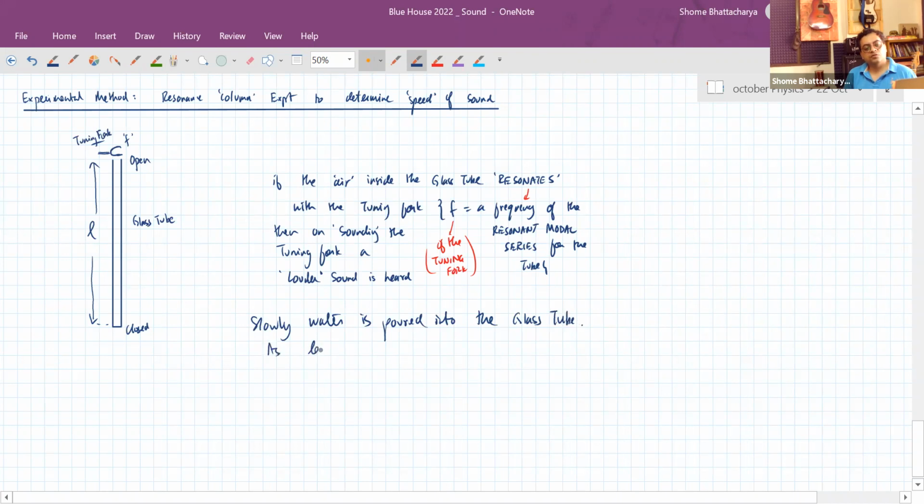As the level of water increases, at certain values of its height, resonances occur.